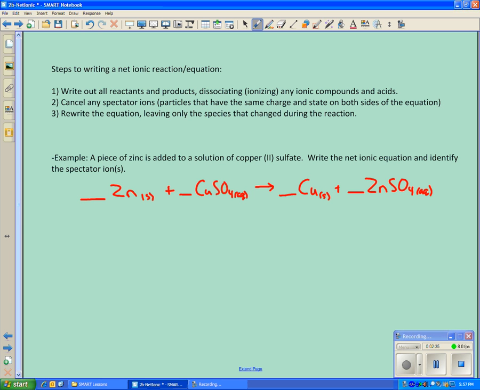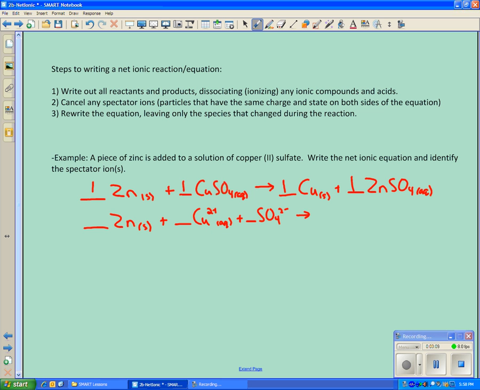So there are all the reactants and products, and when we balance this, we put a 1 coefficient in front of everything. We want to rewrite this dissociating our ionic compounds, so that's the copper sulfate and the zinc sulfate. So the zinc solid stays exactly the same. We get 1 copper 2 plus ion and 1 sulfate ion on the reactant side.